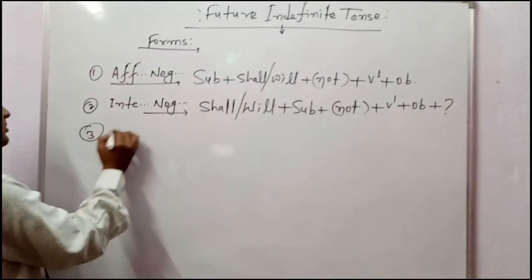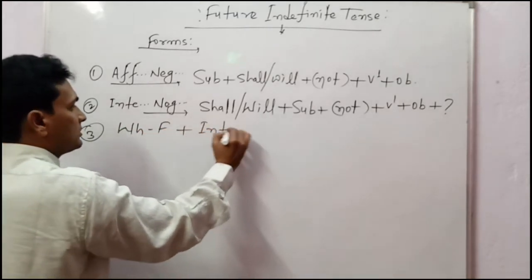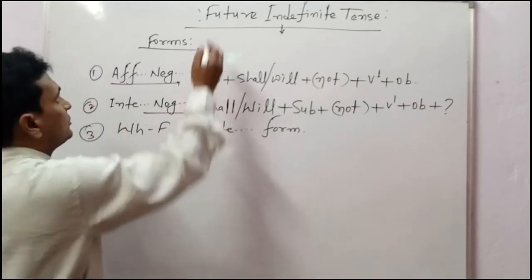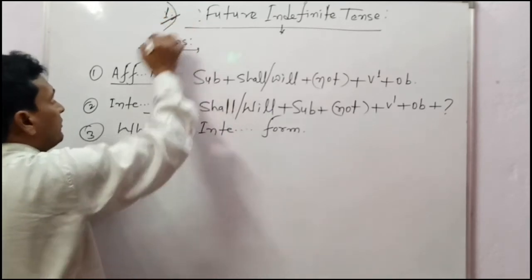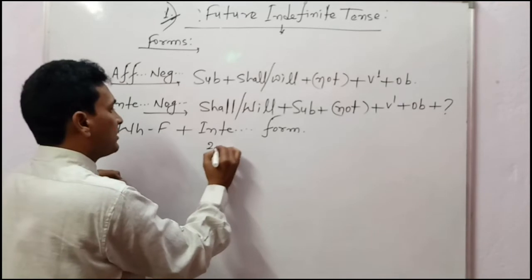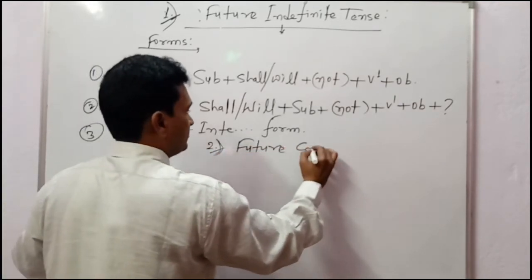And then the third one will become what? WH family plus interrogative form, right? So this one was the first one of future tense, future indefinite tense or simple future tense. Now let's do the second one, that is future continuous tense.